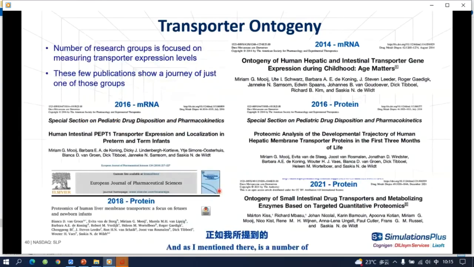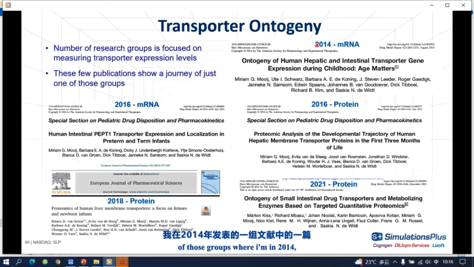Looking at this today, and as I mentioned, there is a number of research groups that are measuring transporter expression levels in both adults as well as in children. And this one is showing the journey of just one of those groups.